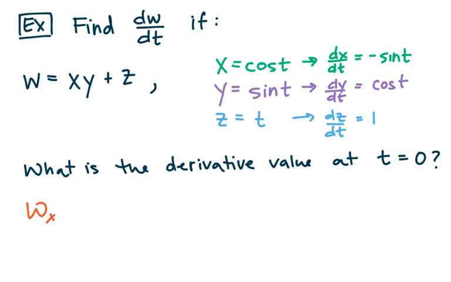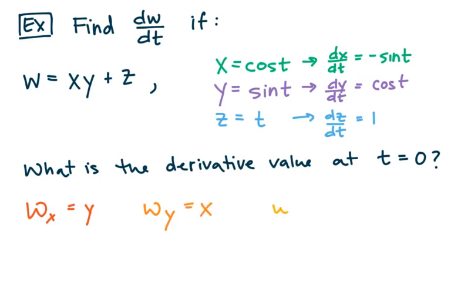So the partial of w with respect to x means treat y and z as constants. So yx just gives us y, and the derivative of that constant z would be 0. The partial with respect to y means x is a constant and z is a constant, so that will be 0, and this will be that coefficient constant, or x.